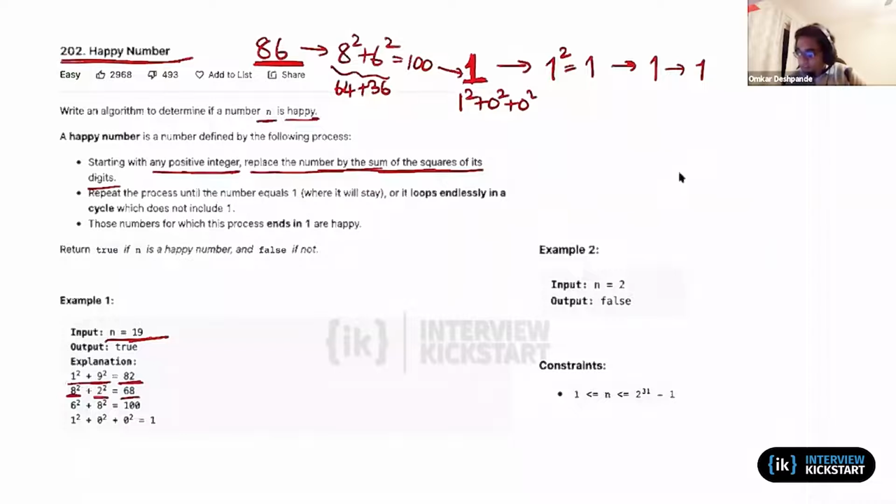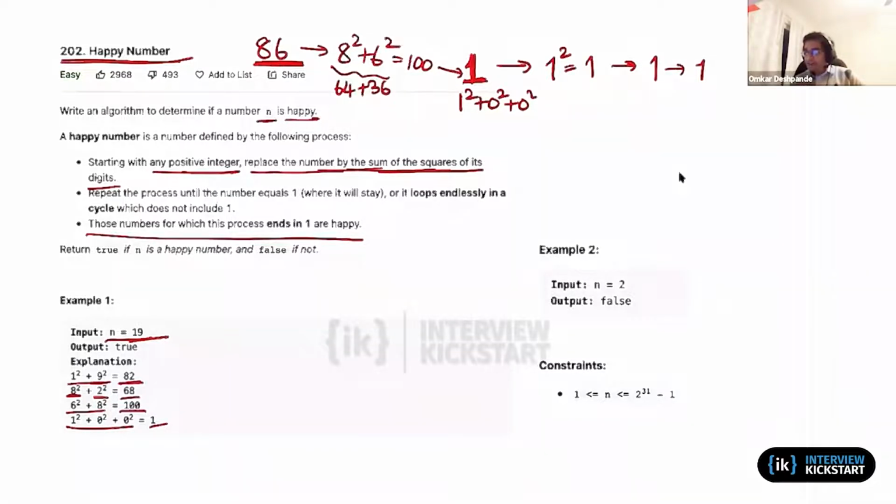Then the next number from that will be 6 squared plus 8 squared, which is 100. And again, once you reach 100, the next number will be 1. And then once you're at 1, you're trapped there. But it's not a bad thing to be trapped at 1. In fact, those are the numbers called happy numbers, which end at a 1 when you do this on them.